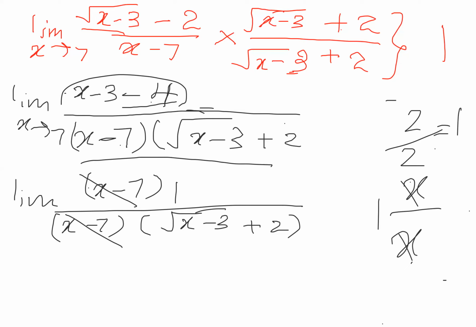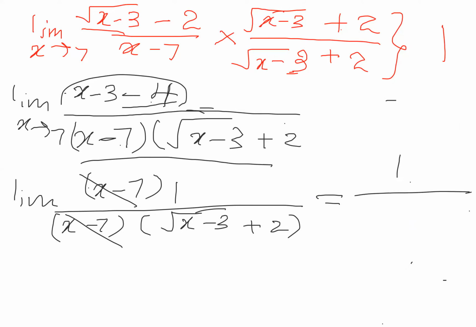So the remaining part is 1 divided by the square root of x minus 3, plus 2. Now check: can we apply x moving to 7? Yes.